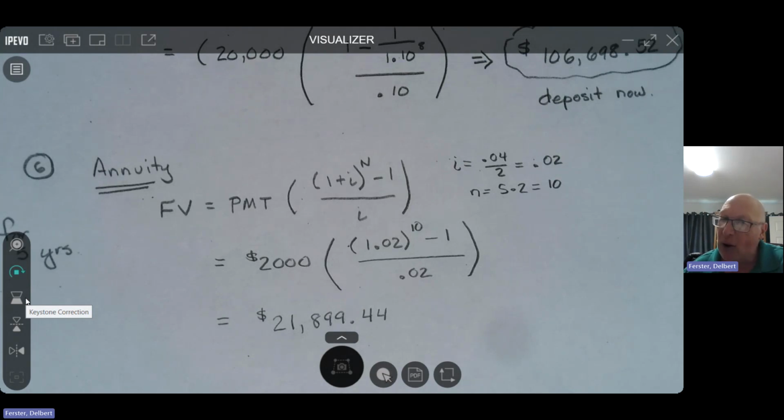Different formula this time. We're calculating future value. How much would that annuity amount to at the end of those 5 years? All right, the payment value, 2,000, 1.02, and in this problem N is 10. It's a different formula.